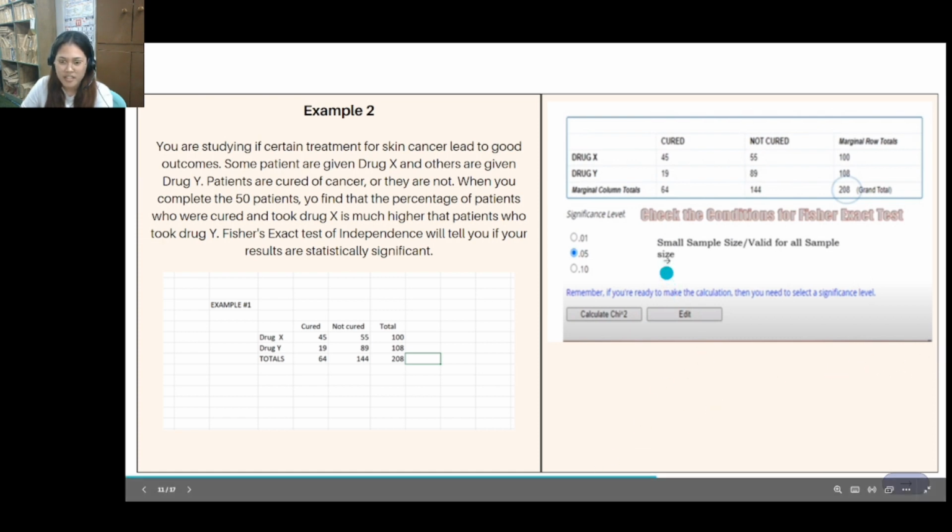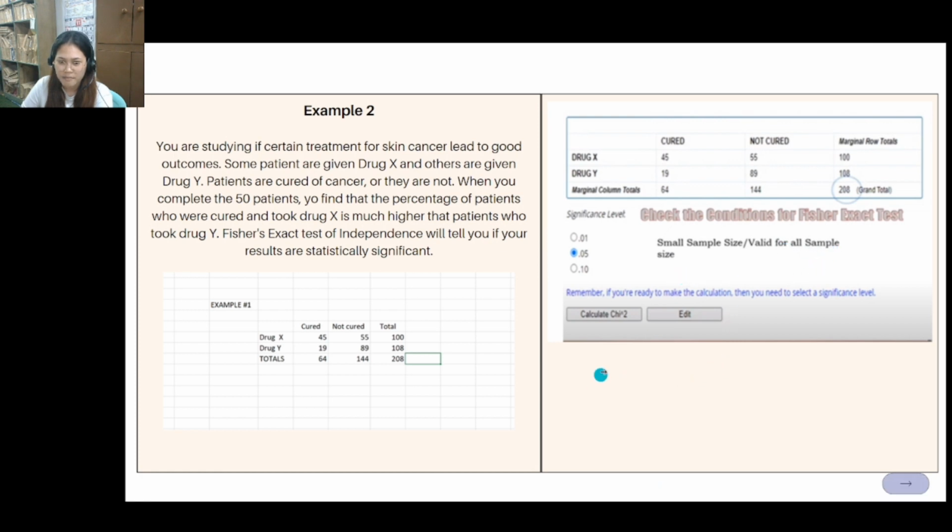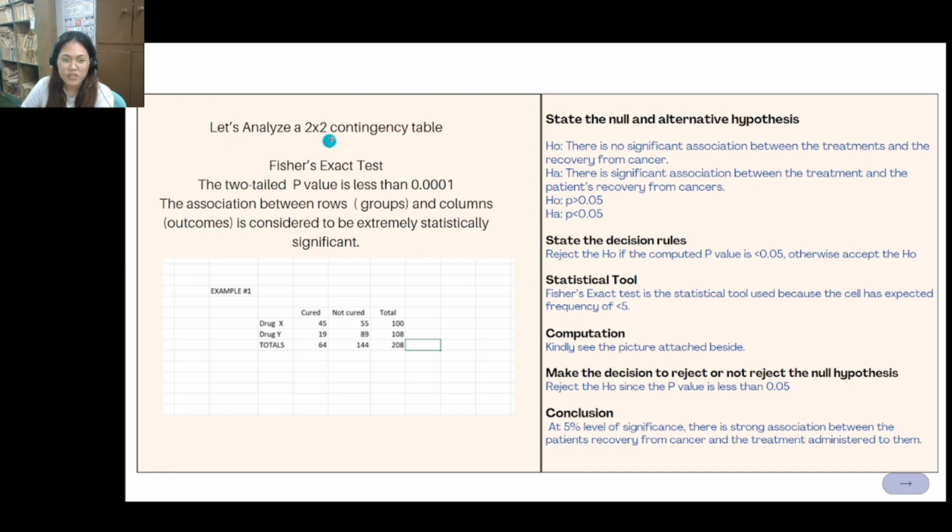It has a small sample size, valid for all sample sizes. Then let's analyze a 2 by 2 contingency table. So Fisher's exact test, the two-tailed p-value is less than 0.001. The association between rows, groups, and columns outcomes is considered to be extremely statistically significant.